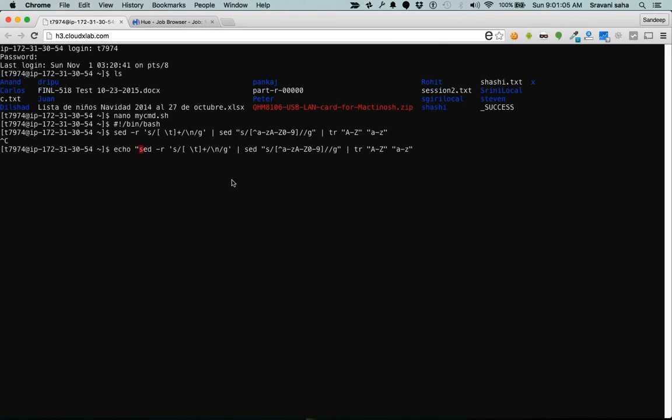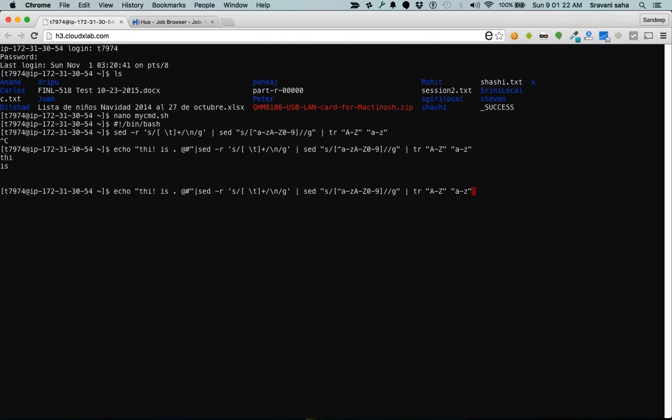If we had echo this exclamation is dot and then at the rate and then hash and then we send it, now you can see that it has cleaned the data. It has removed all the letters which are non-alphanumeric. Also, let's test if we put some of these in caps. You can see that it has cleaned our data.